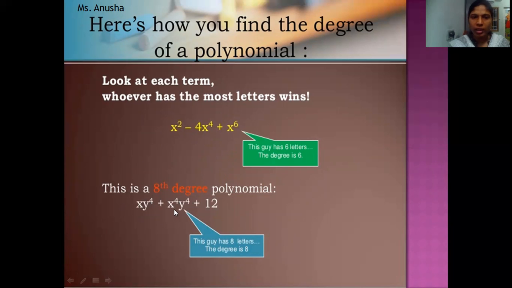And in the second term, the power of x is 4, and the power of y is 4. So totally the power of the second term is 4 plus 4 equal to 8. Obviously this is the highest power, and this is the degree of this polynomial. So 8 is the degree of this polynomial. Okay.